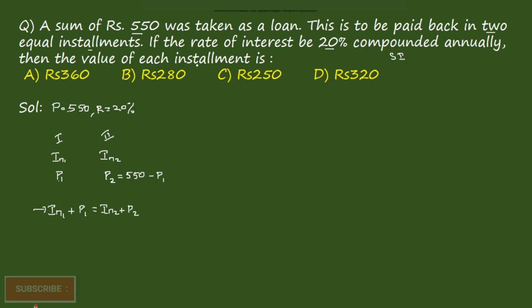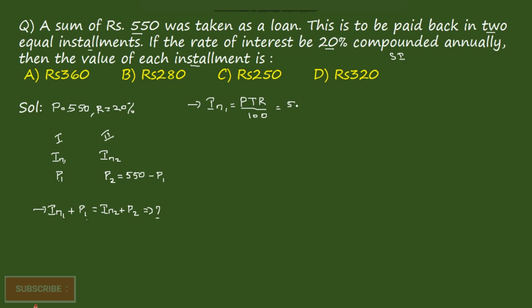We have to find the value of each installment, that is, IN1 plus P1 or IN2 plus P2. First, we find the interest for the first installment. It is simple interest, so the simple interest formula is principal into time into rate by 100.